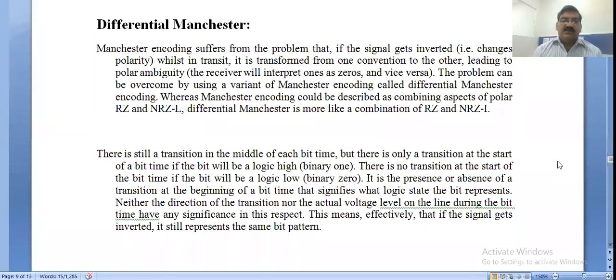The receiver will interpret 1s as 0s and vice versa. The problem can be overcome by using a variant of Manchester encoding called differential Manchester encoding. Whereas Manchester encoding could be described as a combination of aspects of polar RZ and NRZ-L, differential Manchester is more like a combination of RZ and NRZ-I.